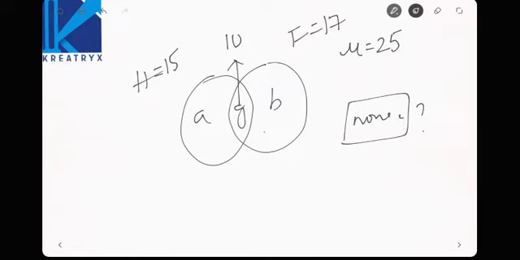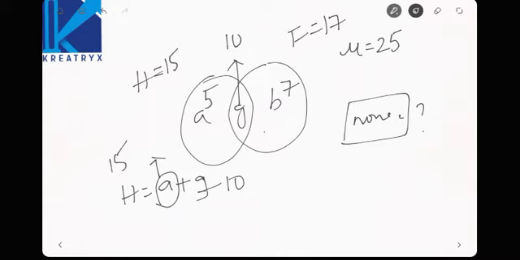See this, if G is 10, hockey value is nothing but A plus G. Hockey value is 15. Now what is G value? 10. Okay, and you find out A is nothing but 5. Now similarly find out the B value. B is nothing but 7. Now the question is, find out the players playing neither hockey nor football.